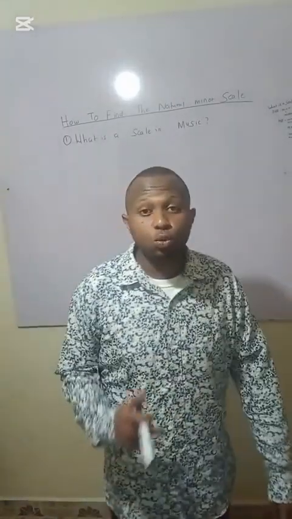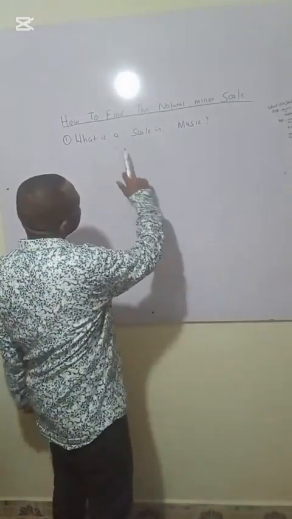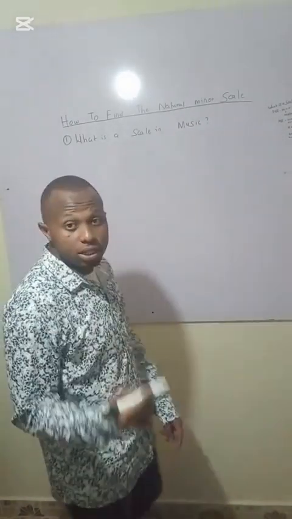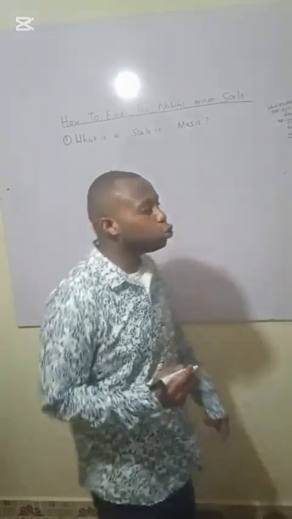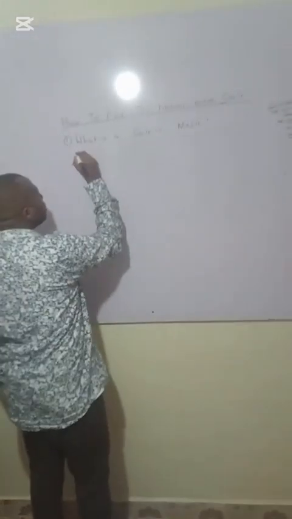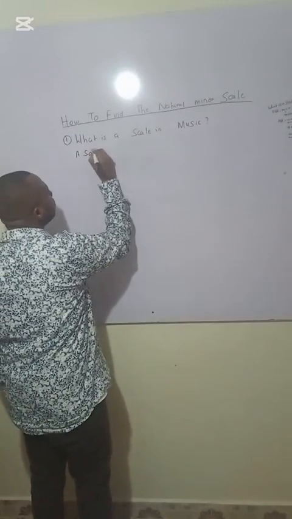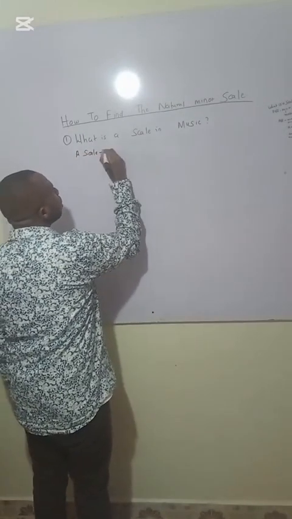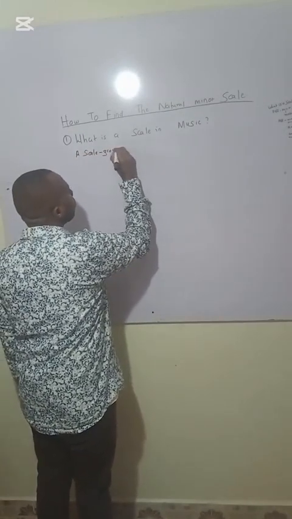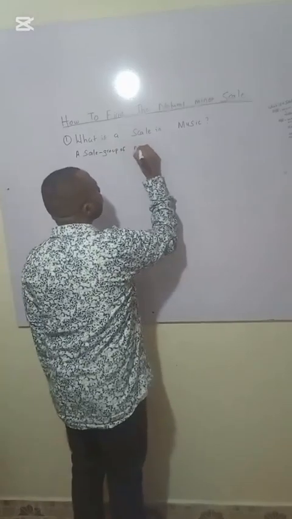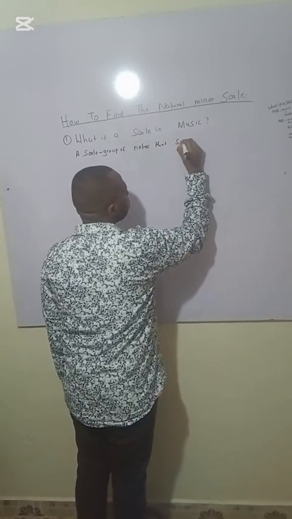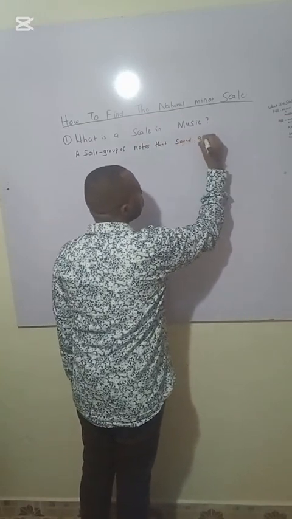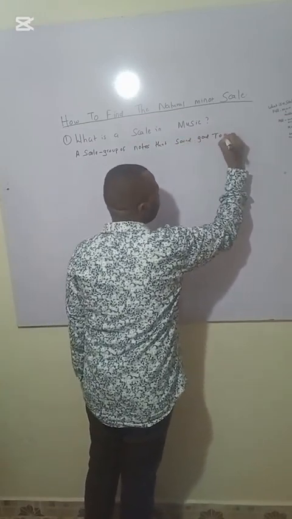So guys, the first question is, what is a scale in music? And what is a scale? So a scale is simply a group of notes that sound good together. That's what a scale is. A scale is a group of notes that sound good together.